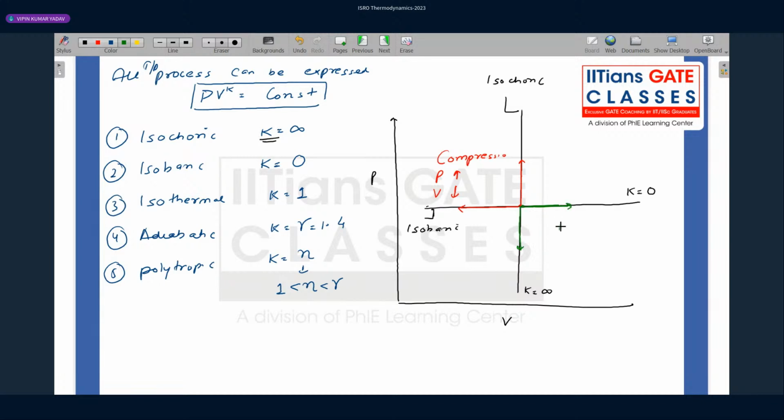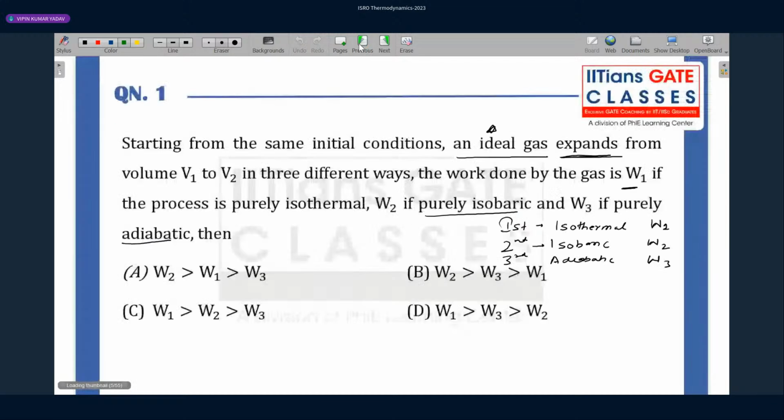So this quadrant is expressed as the expansion process, because here pressure is decreasing and volume is increasing. Because we are talking about three expansion processes here: isothermal, isobaric, adiabatic.